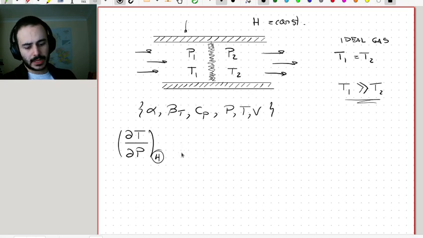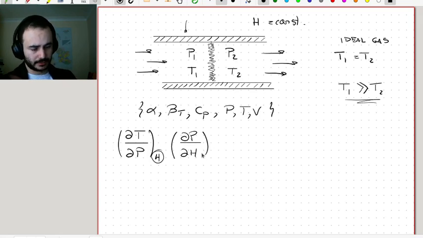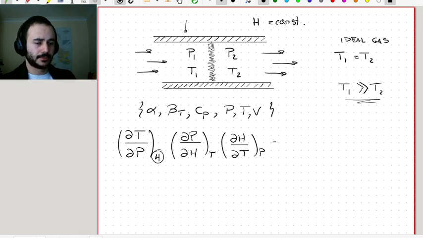We can apply the cyclic property of the partial derivatives, so that I would have here times the partial derivative with respect to pressure at constant, with respect to, what you see, that thing I wrote there, times the partial derivative of h with respect to temperature at constant pressure. Okay, and this is equal to -1. That's the identity.